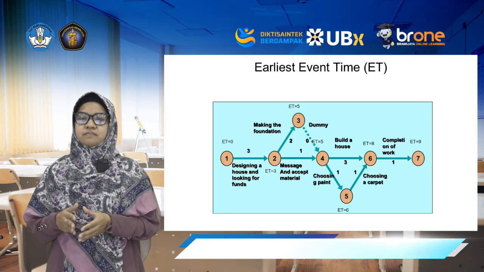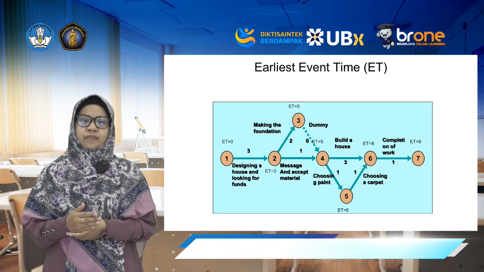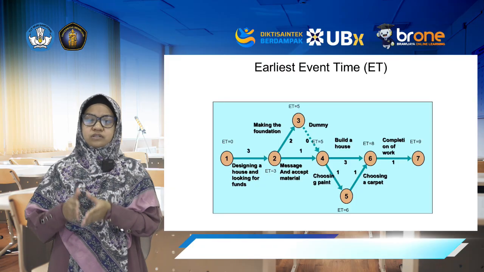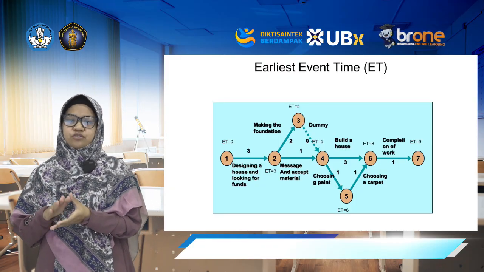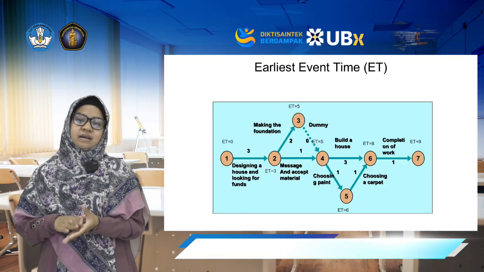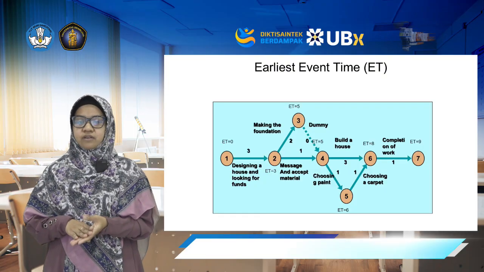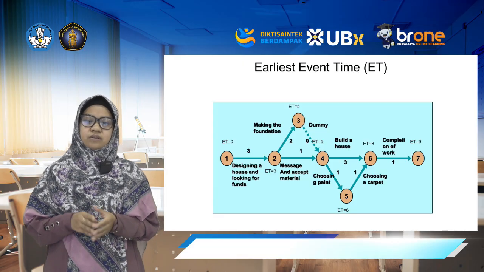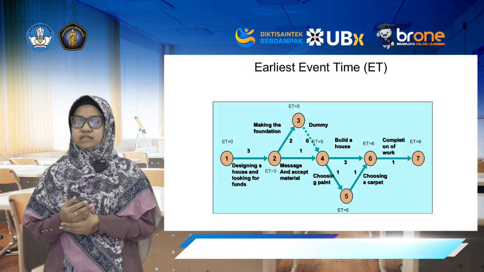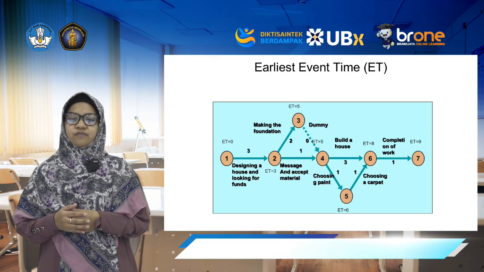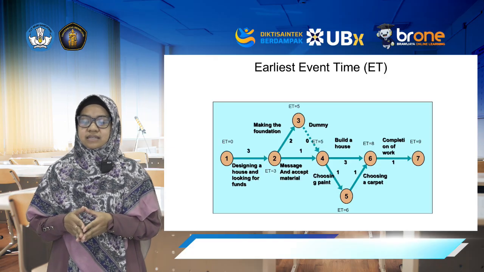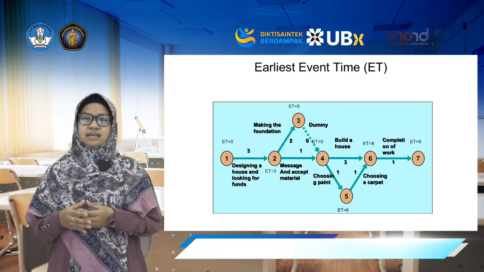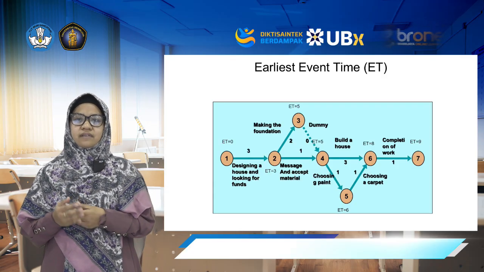There is a dummy from 3 to 4 with duration 0. Node 4 can start only when both the materials 2 to 4 and the foundation 3 to 4 are ready. So we take the maximum of the arrivals: ET4 is 5 weeks. With the same method, the earliest times on the nodes are ET1 is 0, ET2 is 3, ET3 is 5, ET4 is 5, ET5 is 6, ET6 is 8, ET7 is 9.